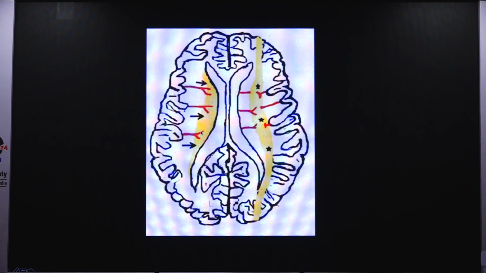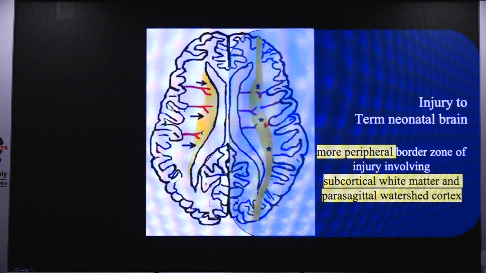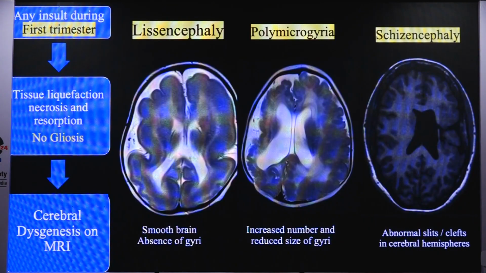However, in injury to postnatal or term neonatal brain, the injury is more peripheral because of again the blood supply here. Now it's a watershed zone with the central blood vessel and the peripheral blood vessel merging here, and injury in term infants involves parasagittal watershed cortex and subcortical white matter.